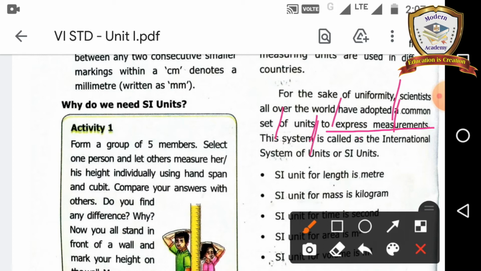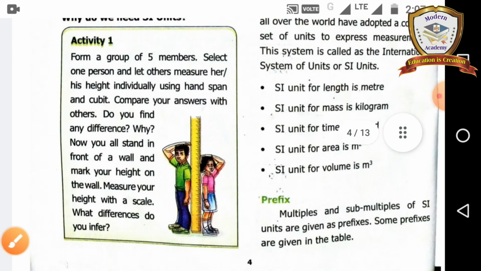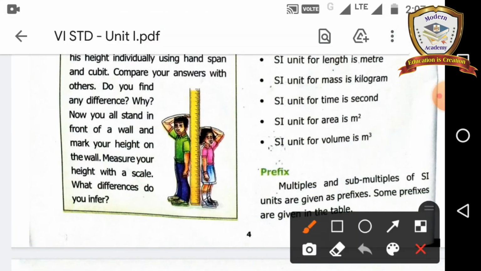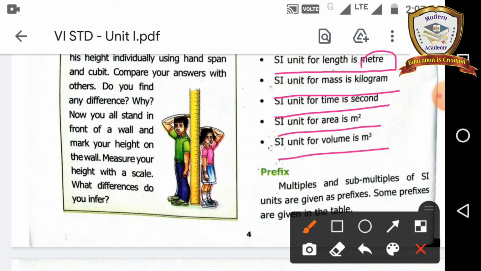This system is called the International System of Units, or SI units. SI unit for length is meter. SI unit for mass is kilogram. SI unit for time is second. SI unit for area is meter squared. SI unit for volume is meter cubed. So these all are very important things.